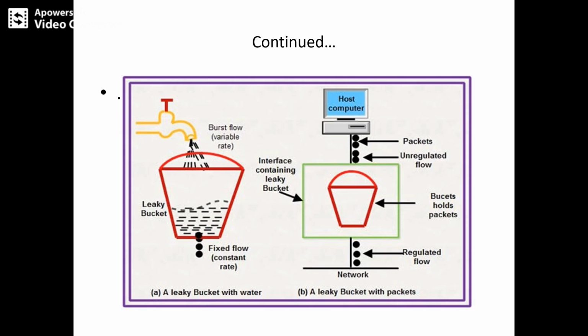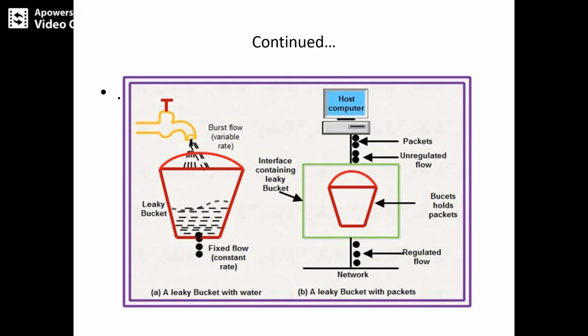The bucket has one fixed constant flow rate, through a leaky hole in the middle of the bucket, so that much water goes to the next level. That is the leaky bucket. When the water comes in very fast from above, the water will overflow the bucket. The same concept is implemented as a leaky bucket with data packets in network terminology.